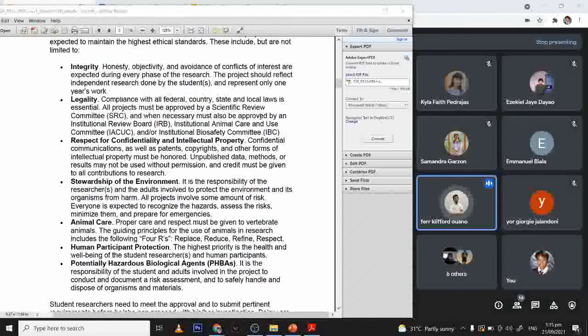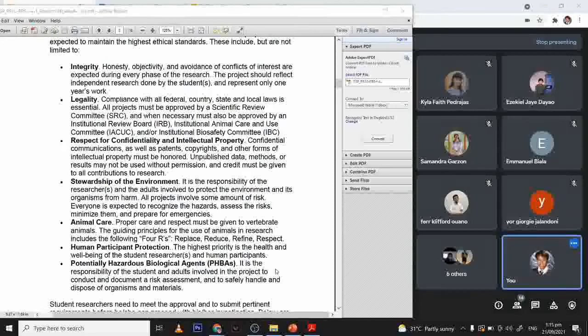Next, stewardship of the environment. Yes, Kayla. Go. It is the responsibility of the researchers and the adults involved to protect the environment and its organisms from harm. All projects involve some amount of risk. Everyone is expected to recognize the hazards, assess the risks, minimize them, and prepare for emergencies.